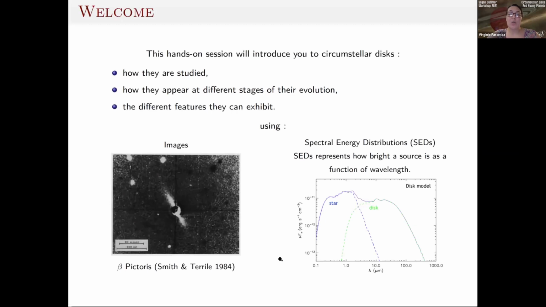I would like to give a clarification here because I think I saw this question this morning: someone was asking why we have the flux multiplied by the frequency on the y-axis. The reason is that when you measure the flux of a source to build this spectral energy distribution and have data points, what you're actually measuring is what we call spectral flux density.